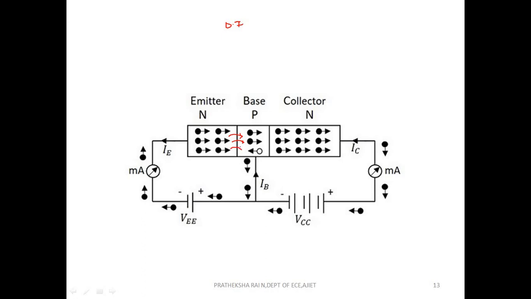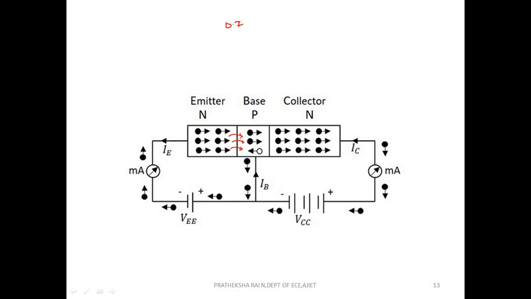Now the important point you have to understand is that the emitter is heavily doped, so a large number of electrons are there inside. What about the base? The base is lightly doped. What is the base made up of? P-type. P-type means what? It is holes. Since this is lightly doped, a very few number of holes are there.